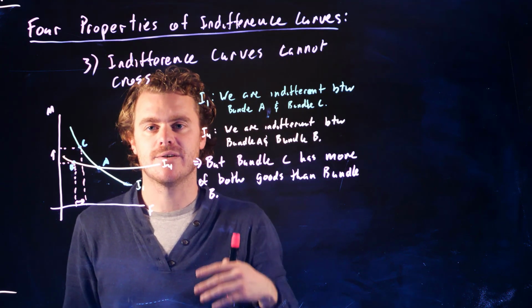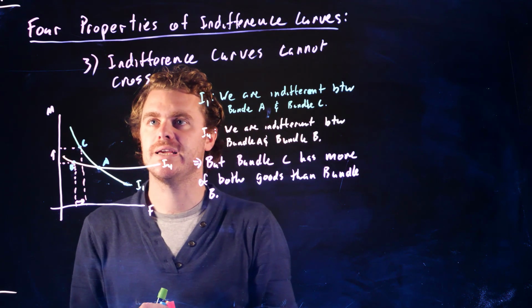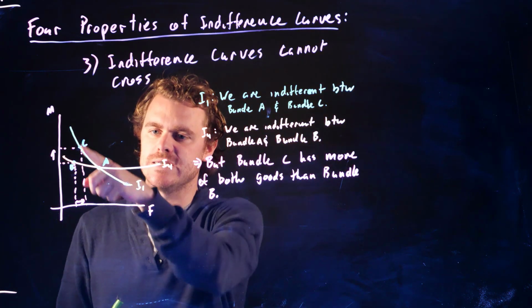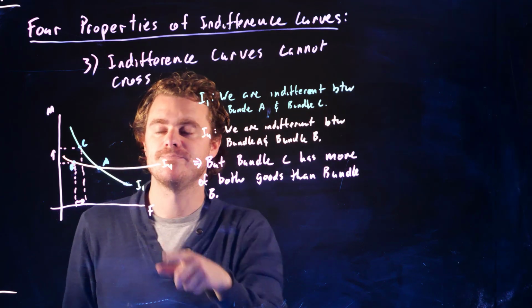And so then let's talk about the final property, which is that we usually see these indifference curves as bow-shaped. There's a reason I've been drawing them as bow-shaped.